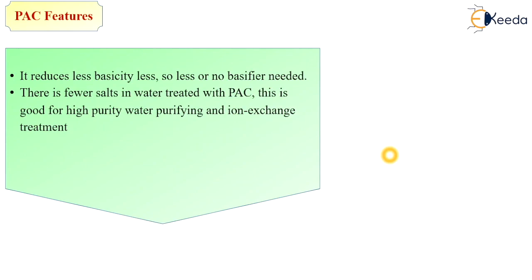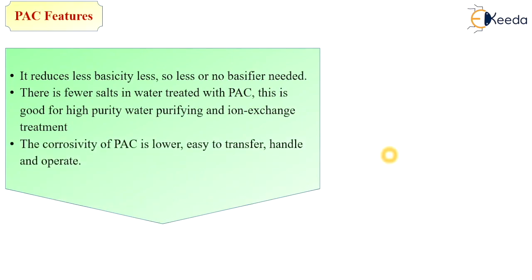This is good for high purity water purifying and ion exchange treatment. The corrosivity of PAC is lower, and it is easy to transfer, handle and operate. So nowadays polyaluminum chloride as a coagulant aid is commonly used because of these advantages.